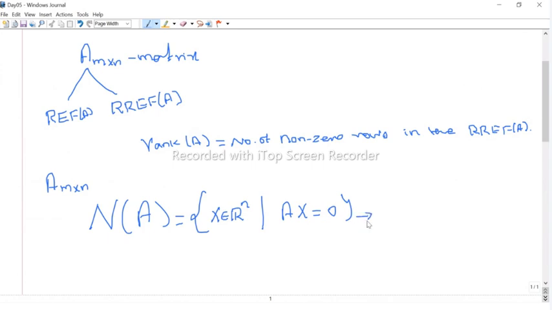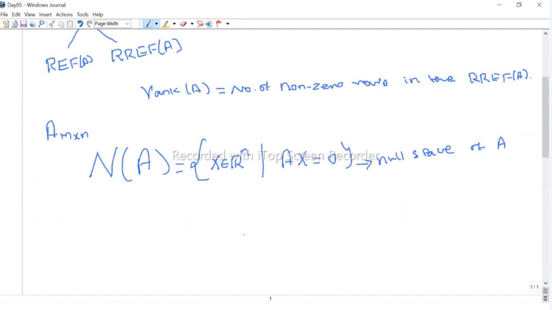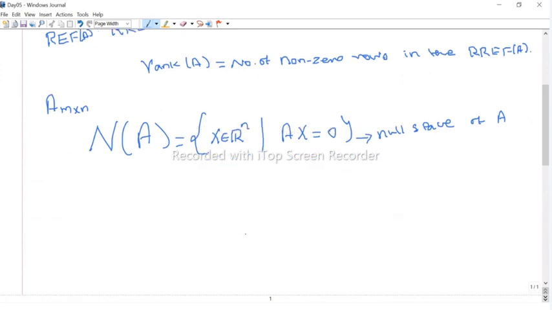This space is called the solution space of Ax = 0, or sometimes the null space of the matrix A. And this forms a vector space. Anyway, we will discuss vector space later.